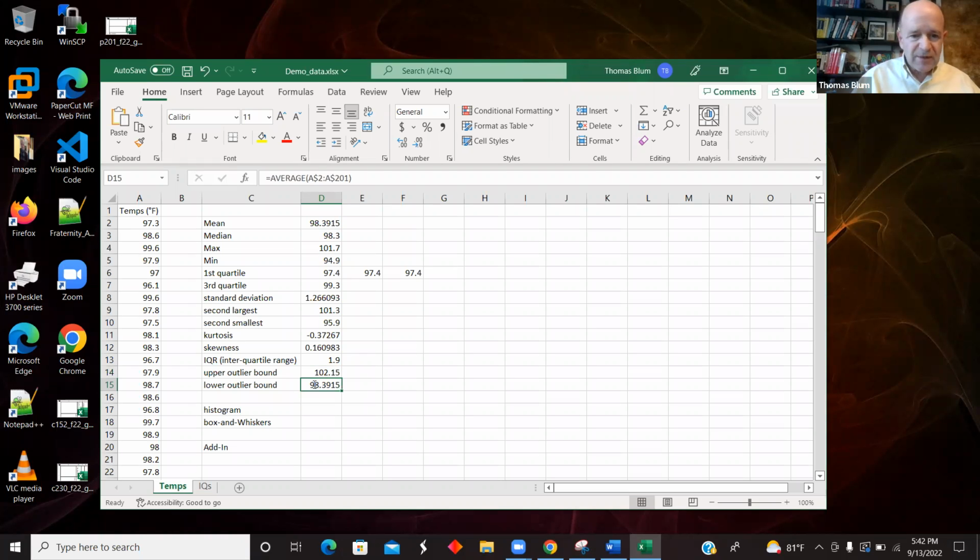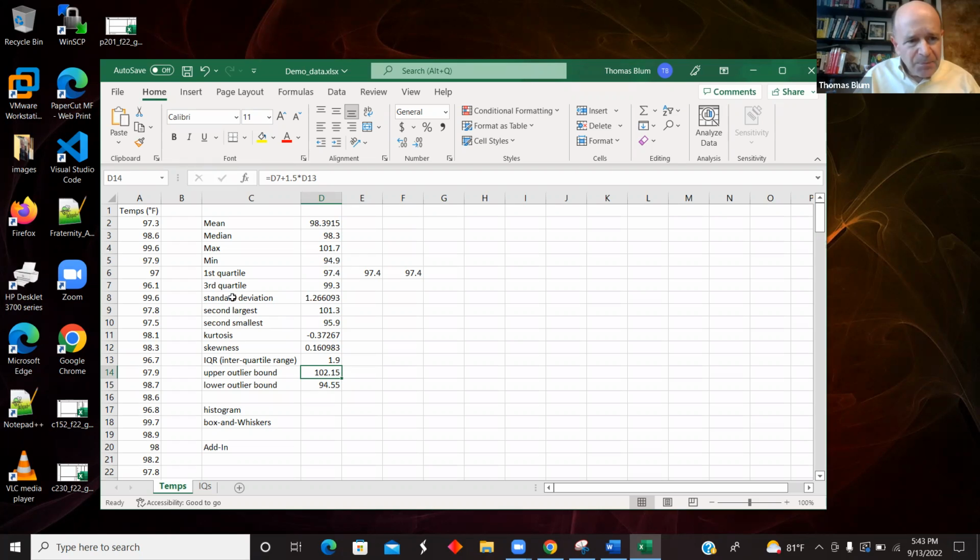Now let's do the same thing on the low end. Let's go to the first quartile and subtract 1.5 times the interquartile range. The interquartile range tells me the range of temperatures in which half the temperatures lie, and outliers are fairly standardly defined using 1.5.